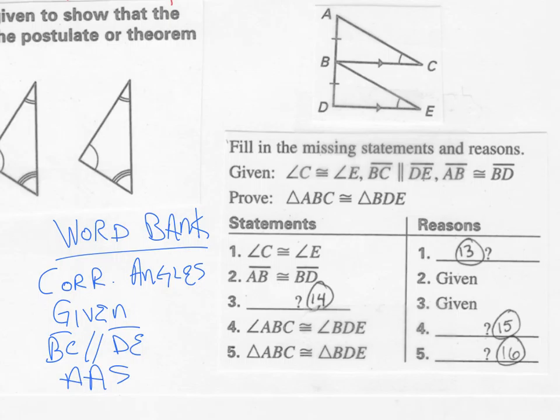I've given you a word bank over here to the side. There's 4 blanks, there's 4 different choices. You've got corresponding angles, given, segment BC is parallel to segment DE, and then angle, angle, side. All right, those are the answers to the 4 blanks. It's just a matter of which one goes where.